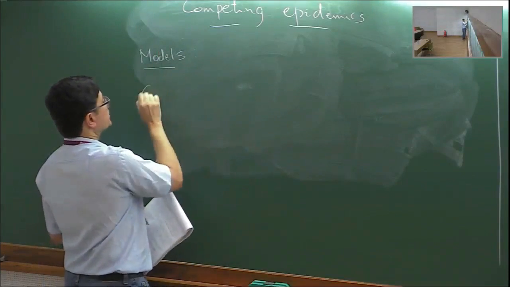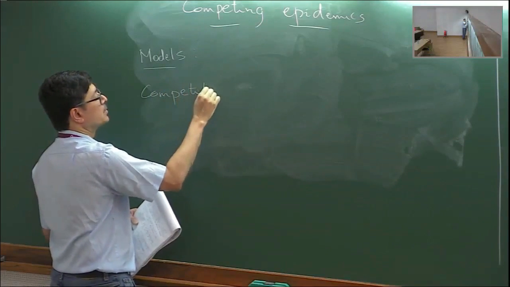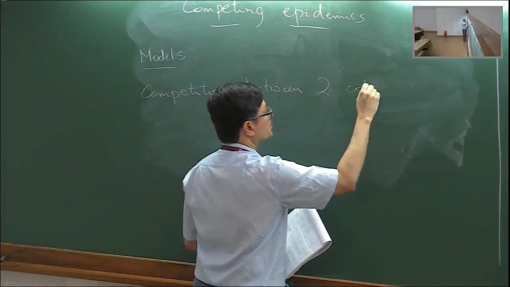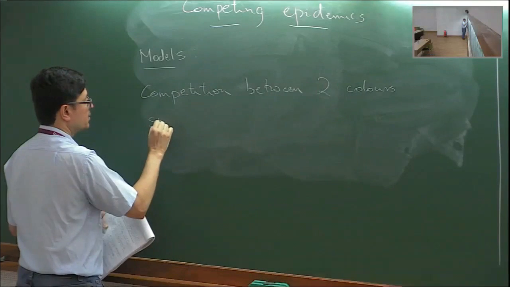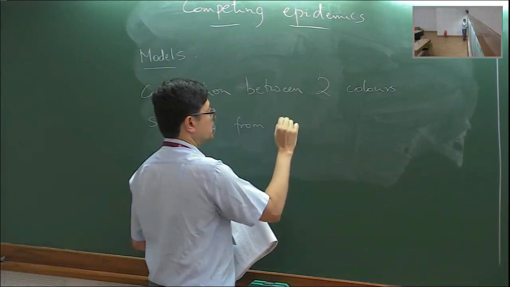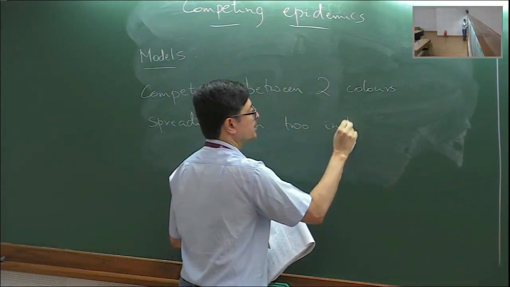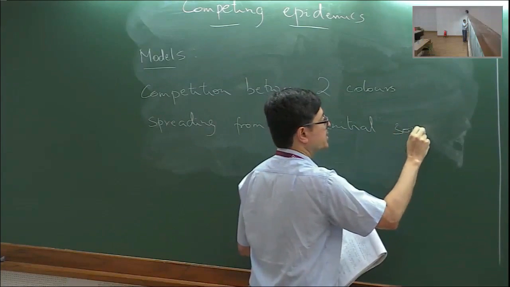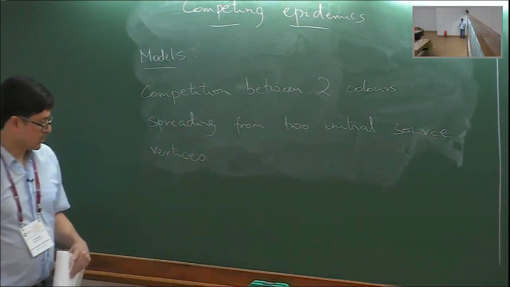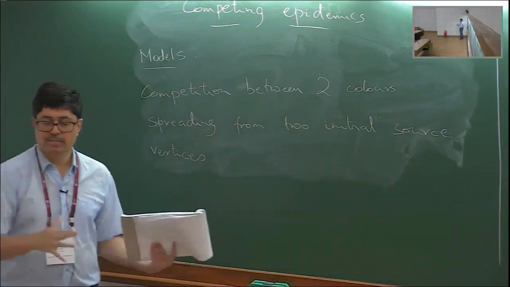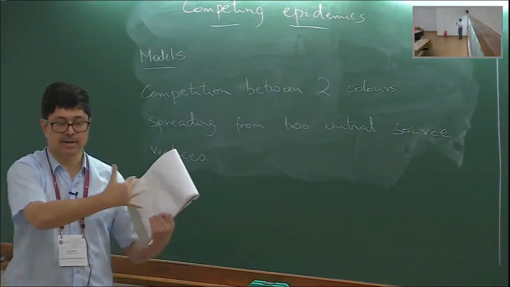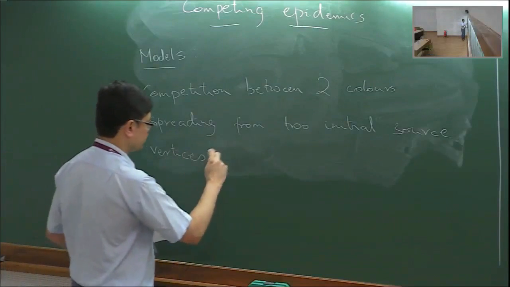You have a competition between two colors spreading from two initial source vertices. And once a vertex acquires a color, it keeps that color forever. It won't change to the other color, and it won't lose its color.